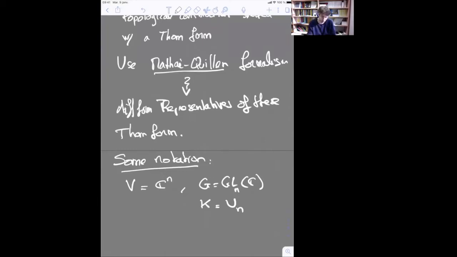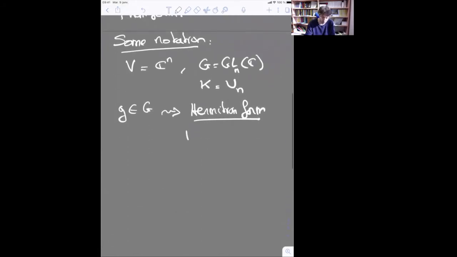And each time I have an element in G, I will associate to this element a Hermitian form, namely the form which is obtained by translating the canonical Hermitian form by G. So this is a Hermitian form on C^n.